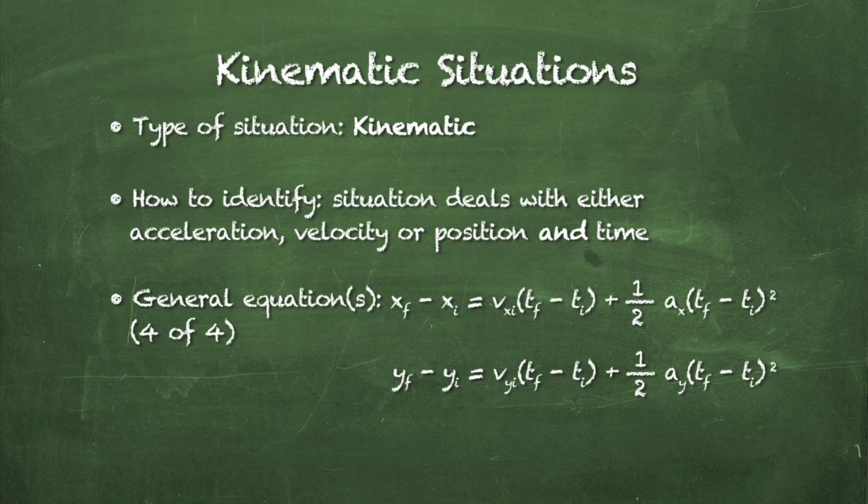Or x final minus x initial is equal to Vx initial times t final minus t initial plus 1/2 Ax times t final minus t initial squared, and the same for y. Y final minus y initial is equal to Vy initial times t final minus t initial plus 1/2 Ay times t final minus t initial squared.